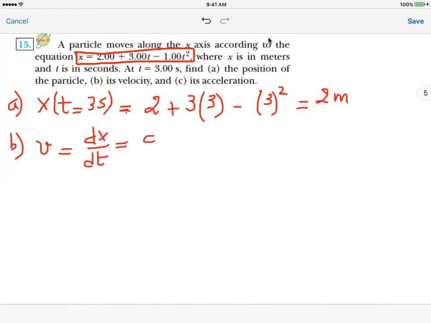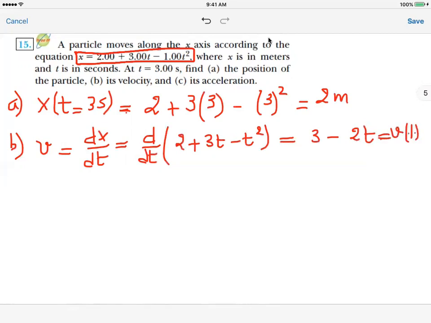So that is the derivative with respect to t of the expression 2 plus 3t minus t squared. And if you take the derivative of this equation, you end up with 3 minus 2t.